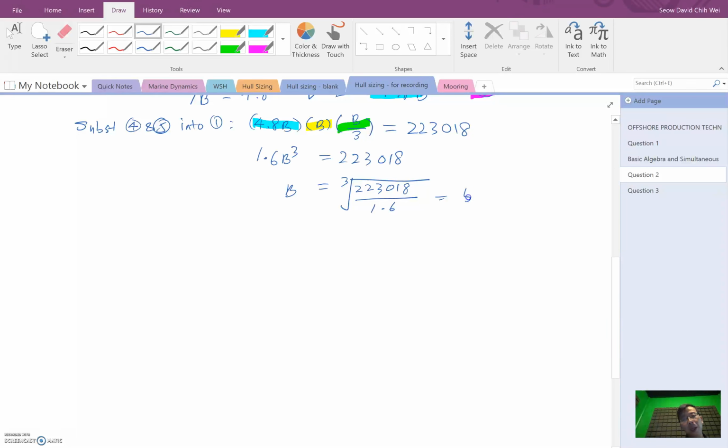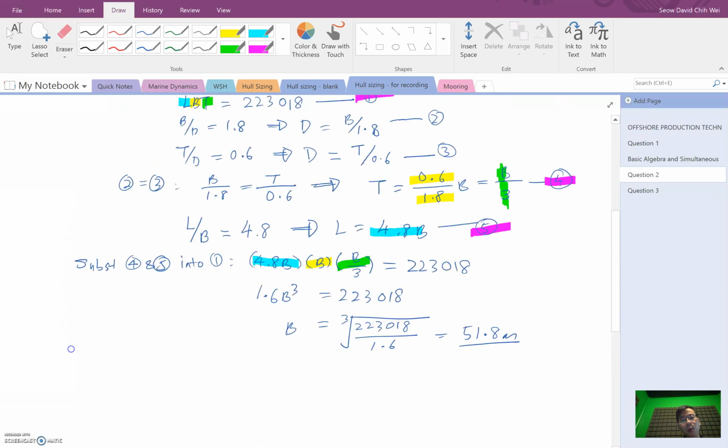So B is 51.8 meters. And thereafter, I'll substitute 51.8 meters back into equation 5 to find L, into equation 4 to find T, and finally equation 2 or 3 to find D.